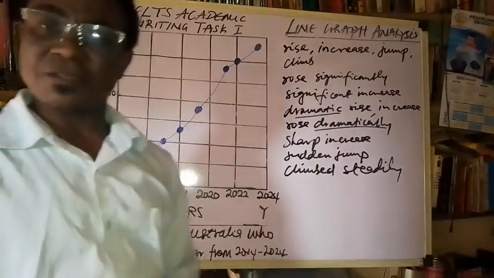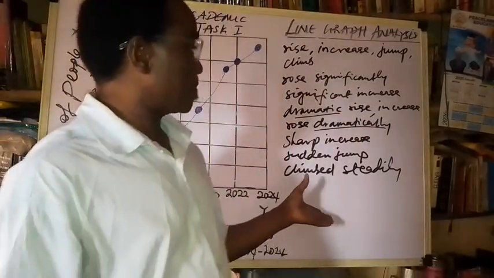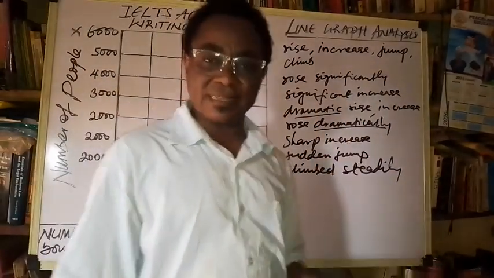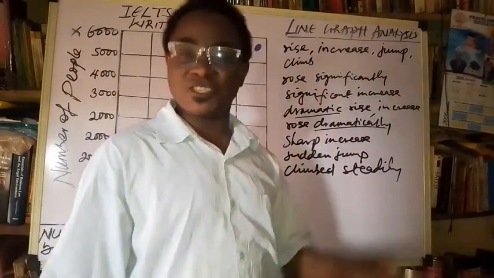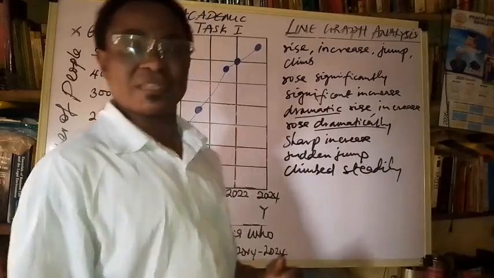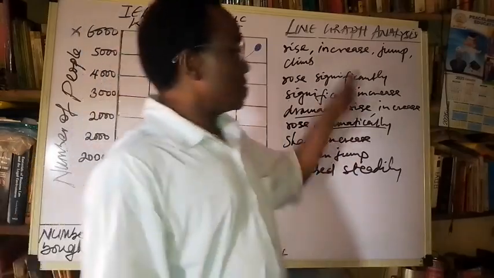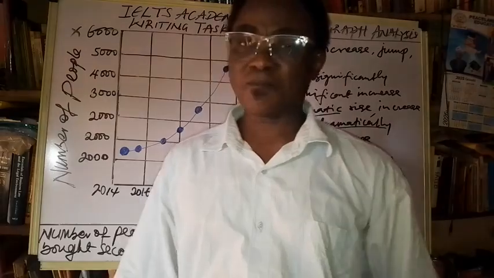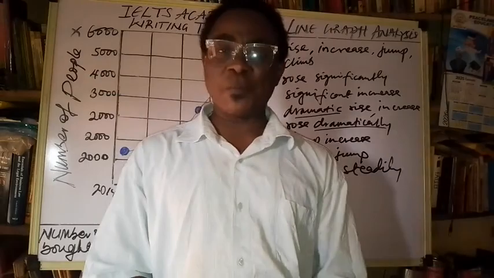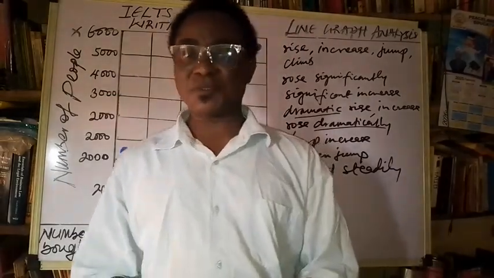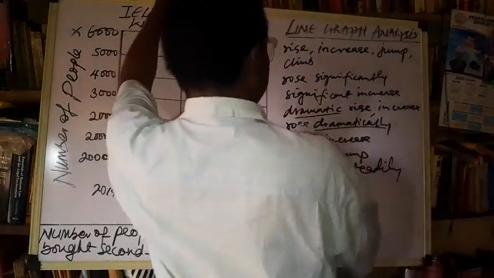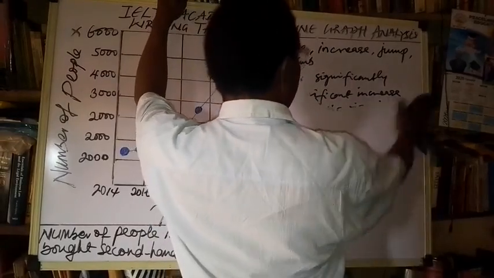If the rise or the increase of values is sustained, you could say it climbed steadily. There was a sudden jump in quantity if it happened suddenly. So these expressions are very important if you are reporting changes in values. What if the change you are talking about is not a positive one?